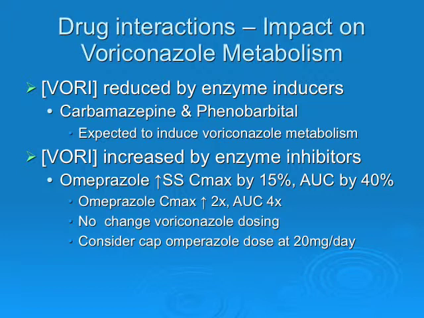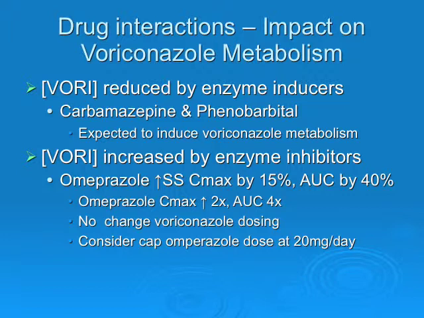Voriconazole could potentially be increased if you have an enzyme inhibitor to 2C19. And interestingly enough, some of the proton pump inhibitors can potentially inhibit it. Package insert will say this is not a clinically significant difference. Omeprazole in this one study, 15% increase in Cmax, steady state area under the curve by 40%.